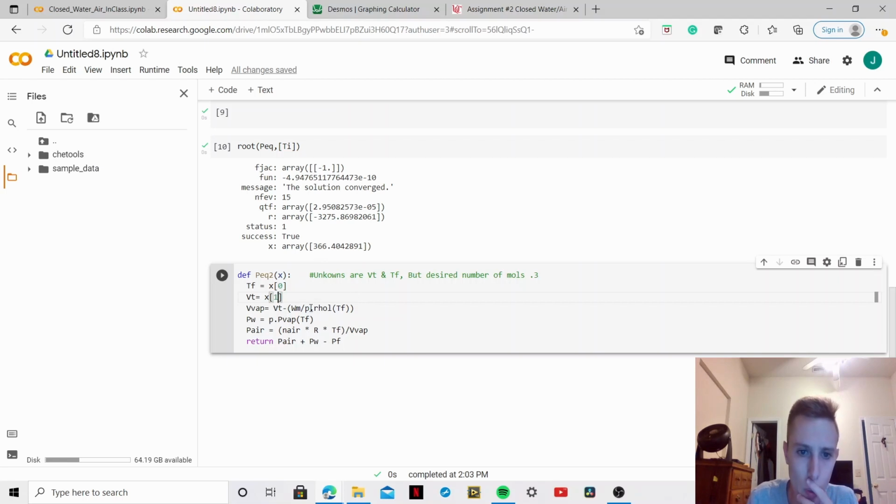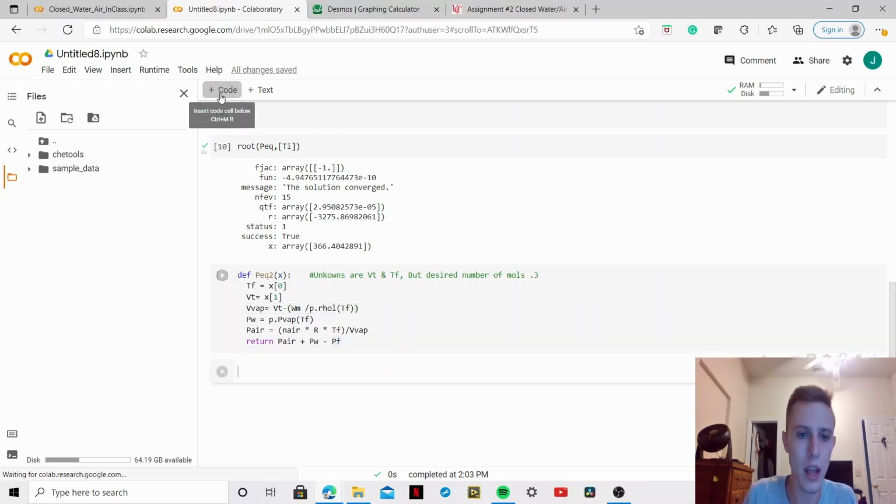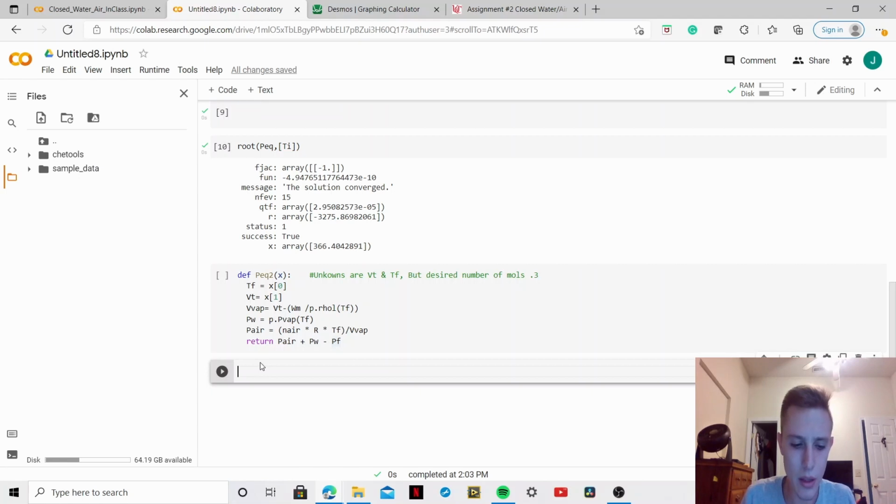So now we want to look down here at the V vapor phase. And actually what we're going to do is manipulate this equation and solve for our V total with this. Before we actually do this, let's go down here and add a new line. So the desired number, let's say Wn_desired, of moles, so number of moles of water desired is equal to 0.3.